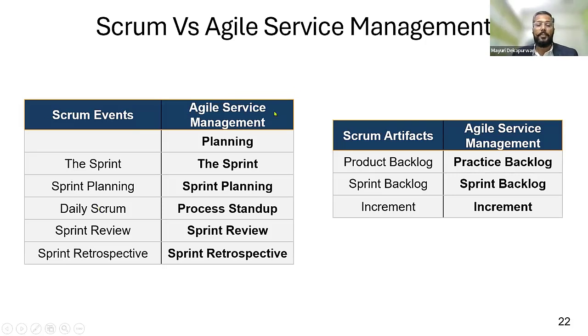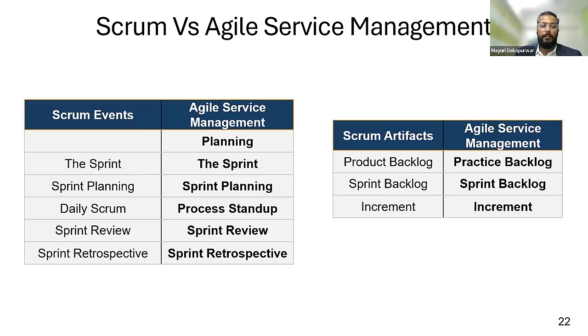Whereas in Agile Service Management, we again treat sprint as an event. We will have a sprint planning. Instead of daily Scrum or daily stand-ups, we call it a process stand-up. Then you have a sprint review and sprint retrospective, similar to what we have in Scrum. But here we also have a planning, which is again a kind of optional meeting. It is not just one day that we do a planning.